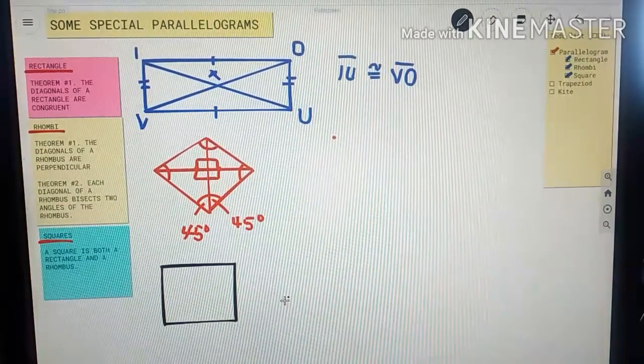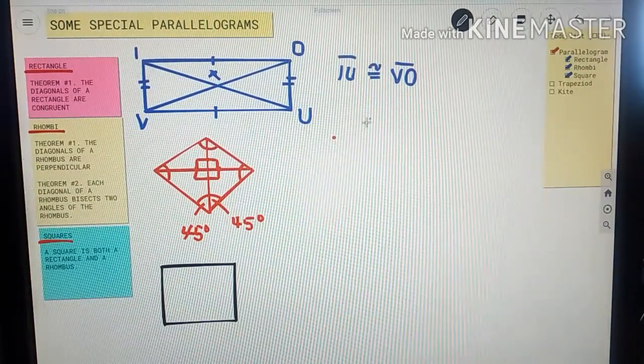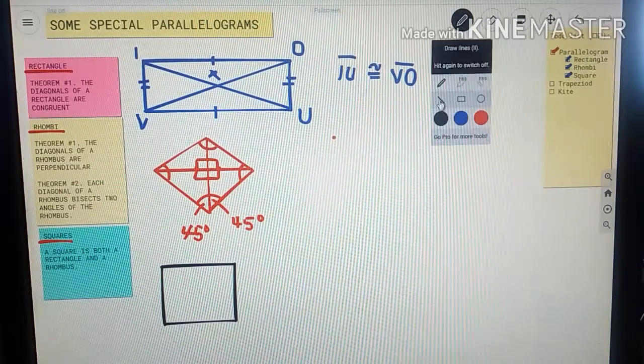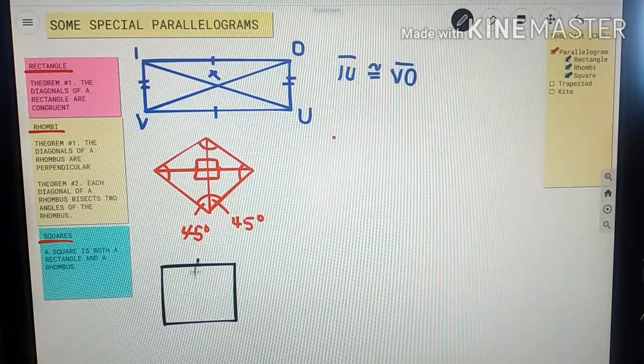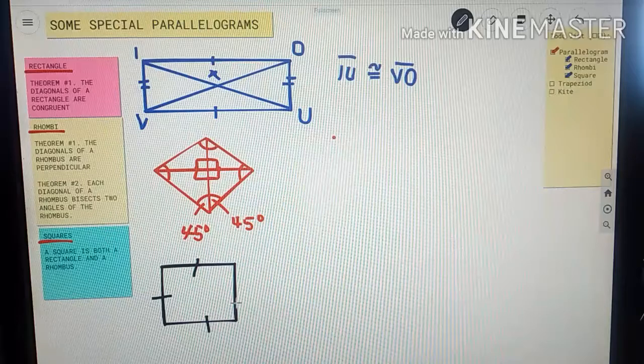So the sides are all congruent, all equal.